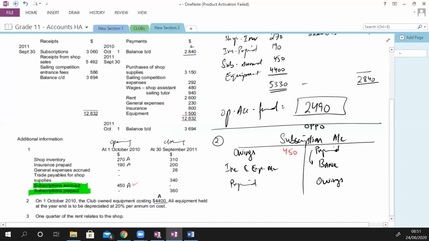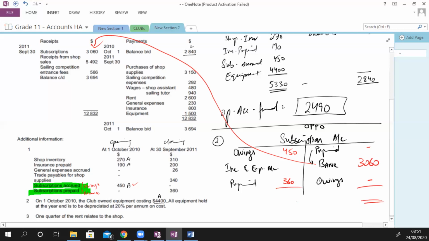Accrued owings, prepaid and advance, same thing. ठीक है. तो closings owings नहीं था. Prepaid में opening prepaid नहीं है, closing prepaid है 360. During the year, बैंक की वैल्यू मुझे कहाँ से मिलेगी? सब्सक्रिप्शन की receipt and payment account से, which is 3060.